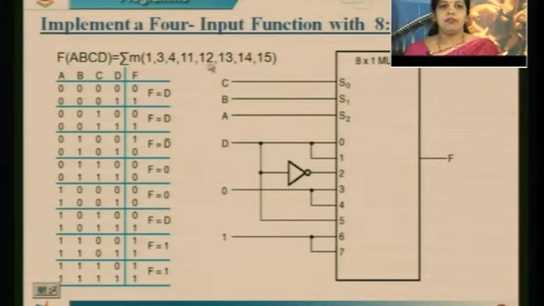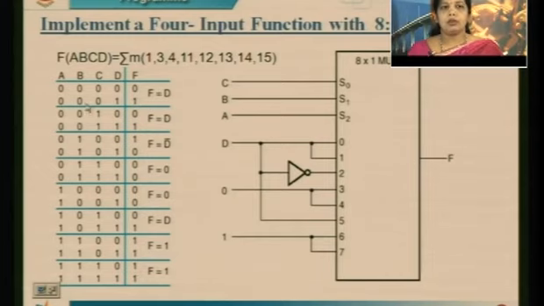So 1, 3, 4, 11, 12, 13, 14 are represented as logic 1 in this truth table. The remaining variables are treated as zeros. Whichever are not mentioned in this function are treated as zeros. So now I am going to fill up all these 16 combinations.